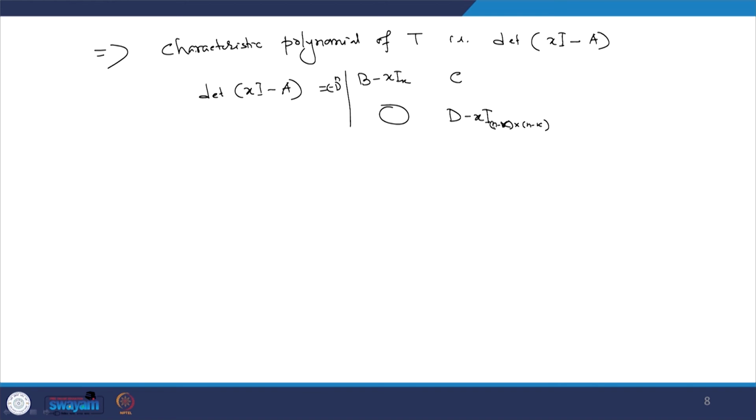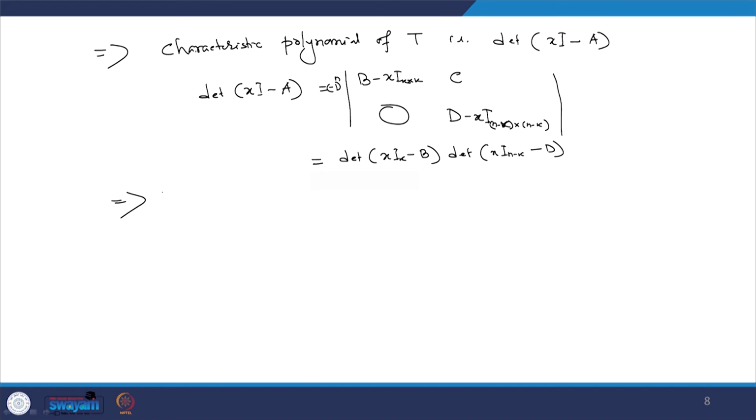So, determinant of this quantity is basically equal to determinant of x I k minus B into determinant of x I n minus k minus D.